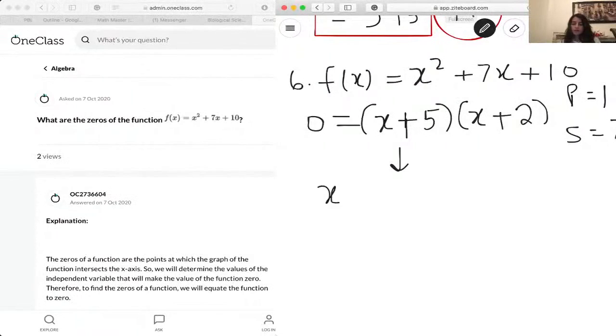So x plus 5 is equal to 0, which means that x is equal to negative 5.